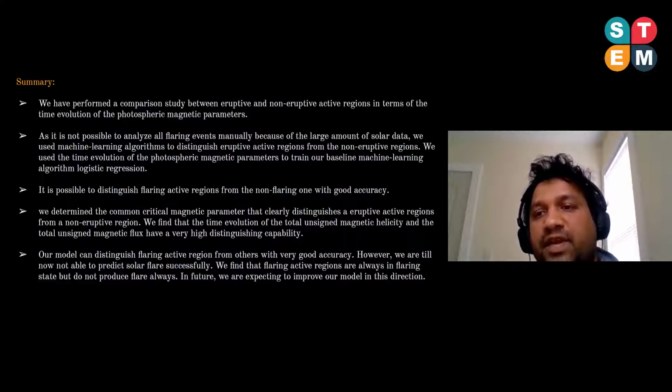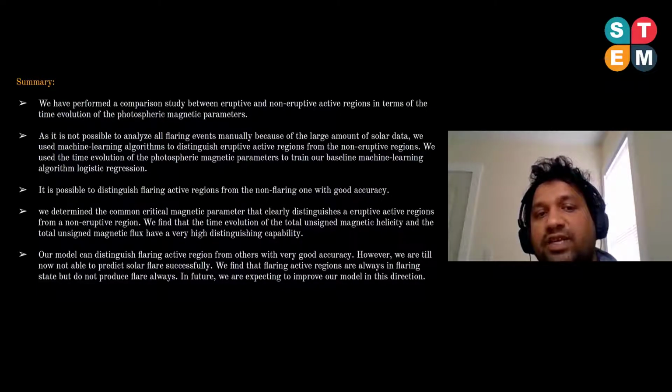And specifically, in this study, we use the time evolution of parameters to train the computer, which no previous study did. And so it is possible to distinguish flaring active regions from the non-flaring ones with good accuracy.